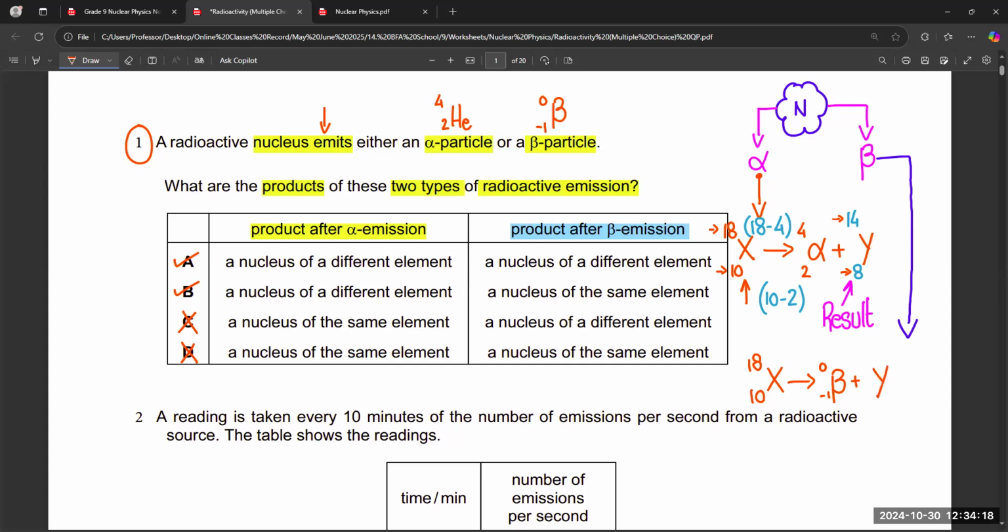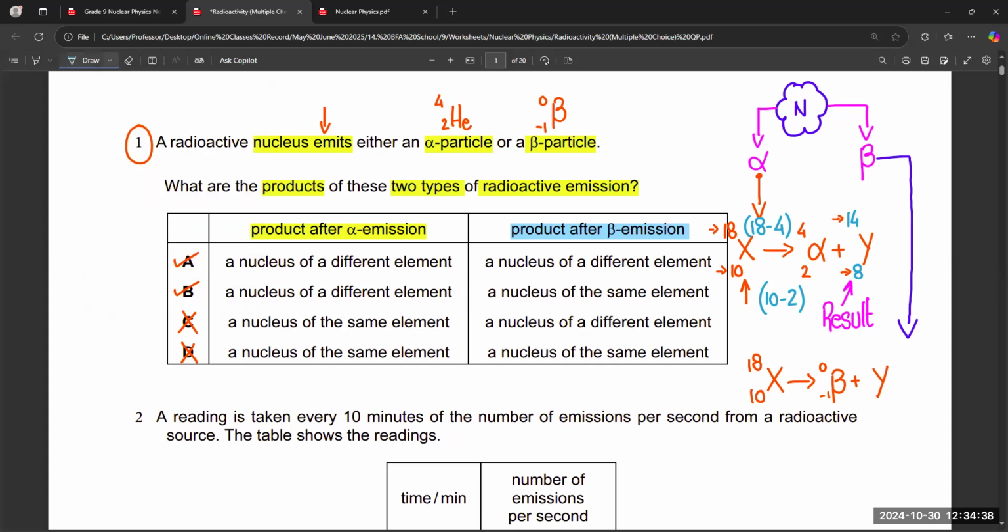So what will be the final result for this nucleus Y? If you remember, we discussed that in beta decay or beta emission, there is -1.